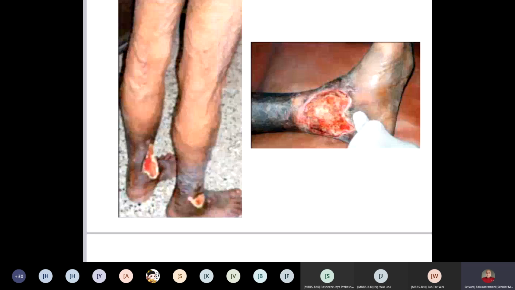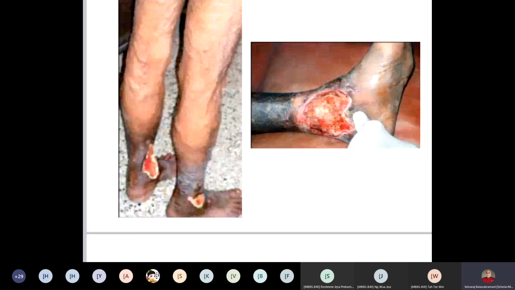Trendelenburg operation. If it is perforator incompetence, what will you do? Multiple stab avulsion, or you can do some other surgery also, like Cockett and subfascial ligation. That is the treatment for varicose vein, this varicose ulcer or venous ulcer.